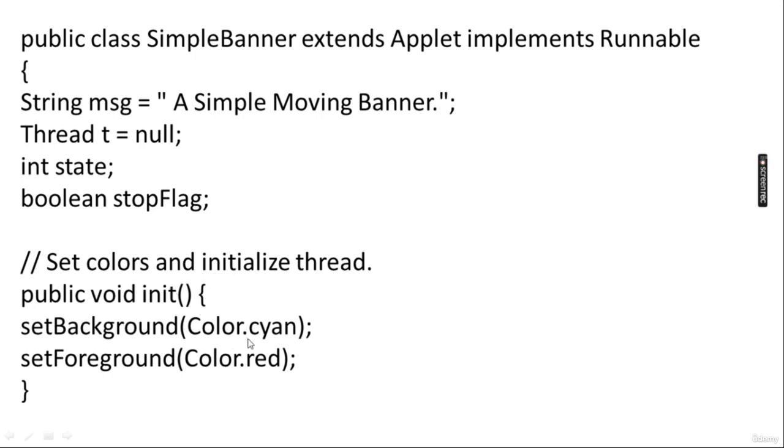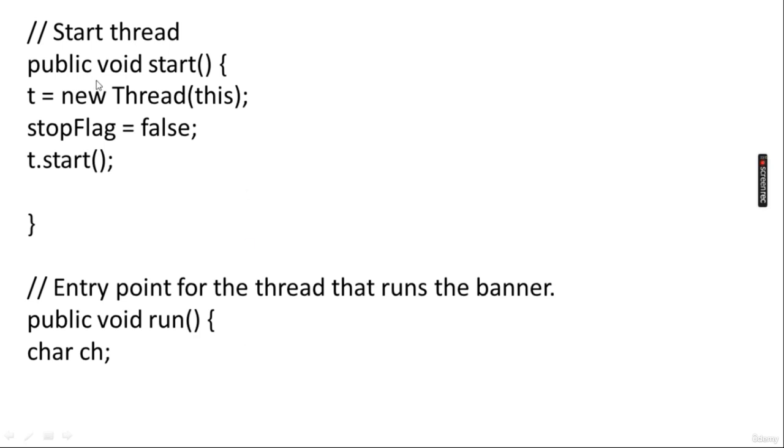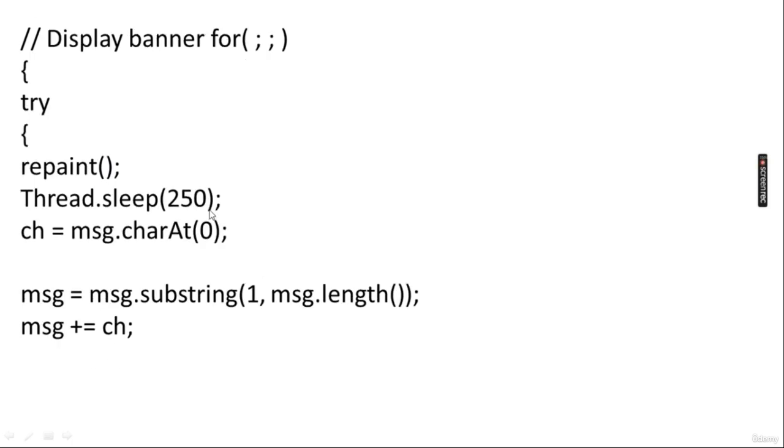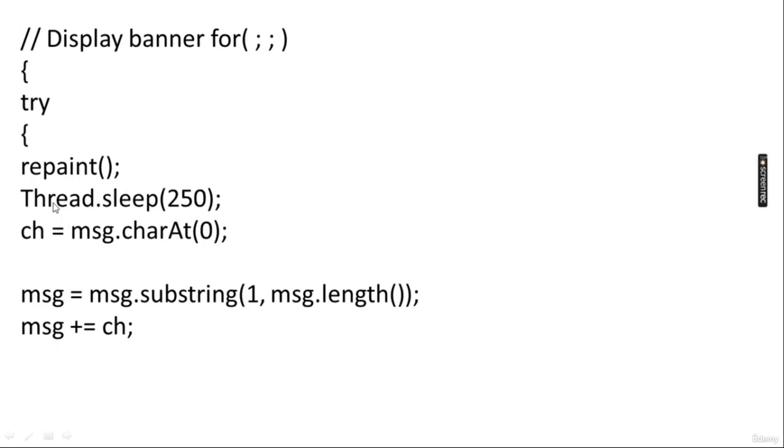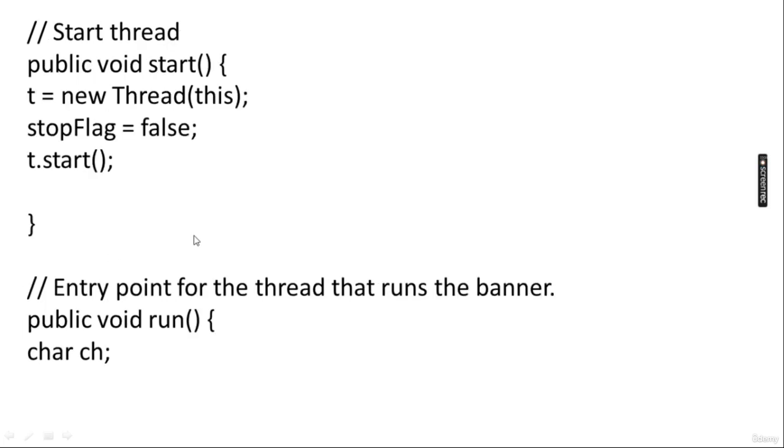We will set color: background color cyan, foreground color red. Start thread: the new thread will start, stop flag is false, and t.start. After t.start, in the run method a character ch is created and the thread will sleep for 250 milliseconds, and message.charAt(0) will be displayed.